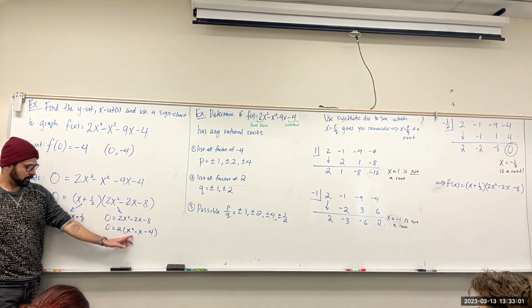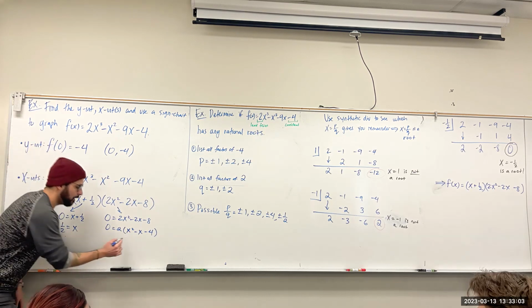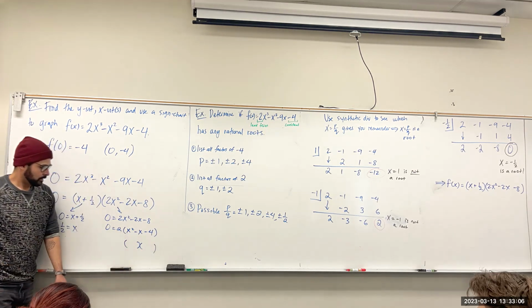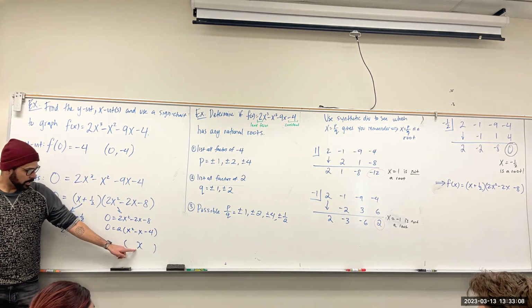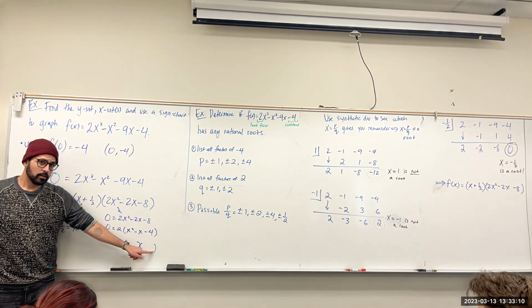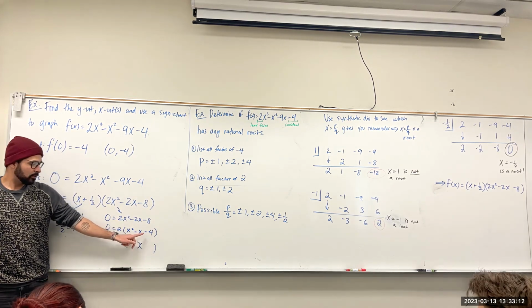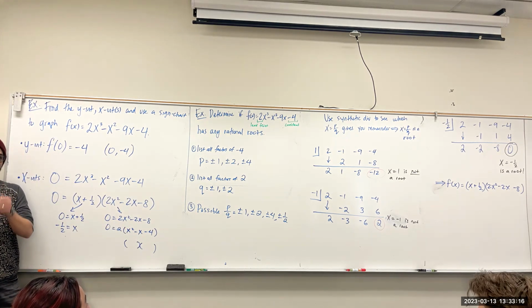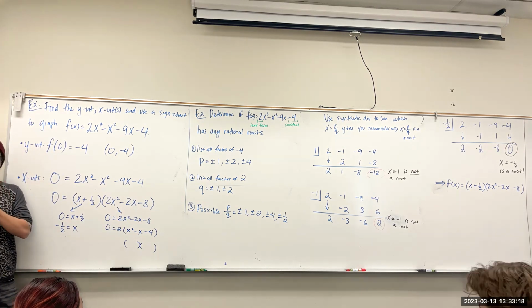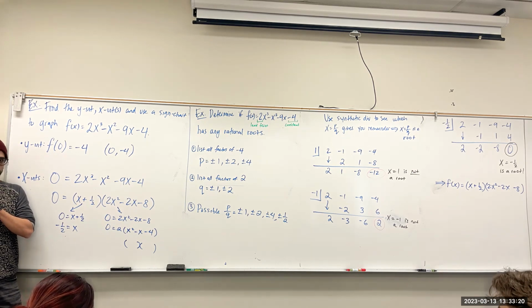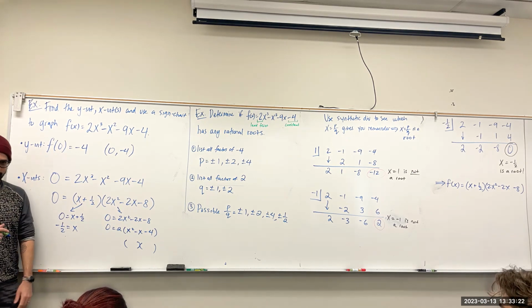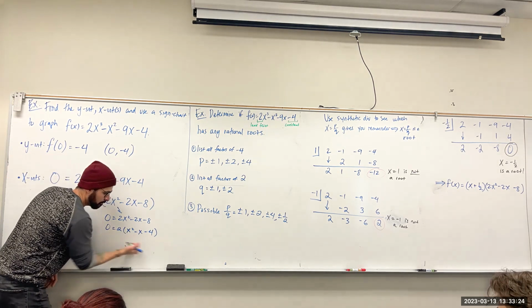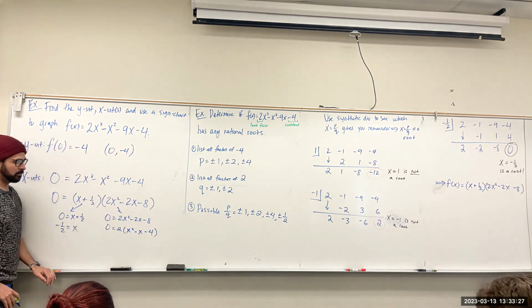If it factors, I need two numbers that multiply to -4 but add to -1. Are there two numbers like that? No. So it doesn't factor into nice whole numbers.